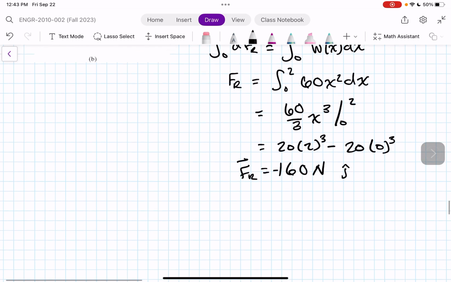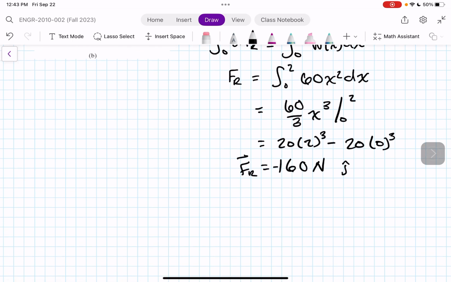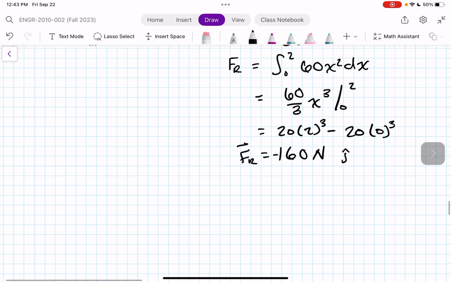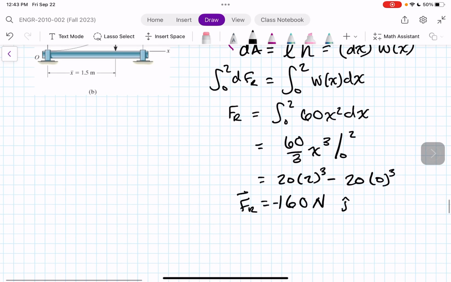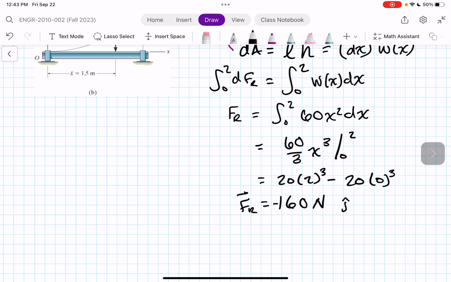All right, that's how you do the resultant force, but now we need to locate where that resultant force is. When we locate it, that was our x bar. I'll put it over here on this side. So I'll also write step 2, find FR location, x bar.